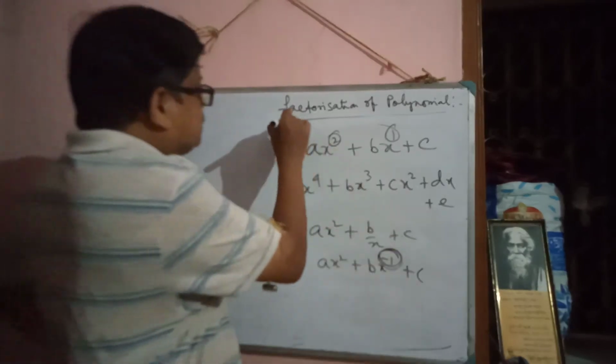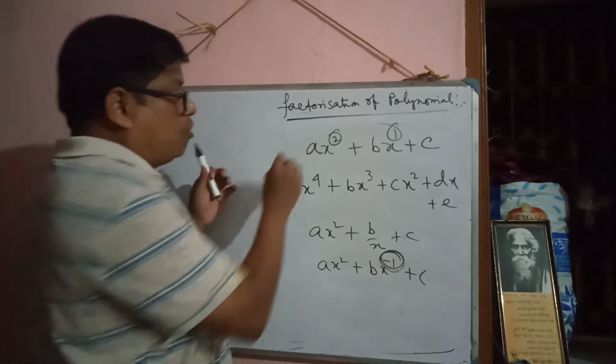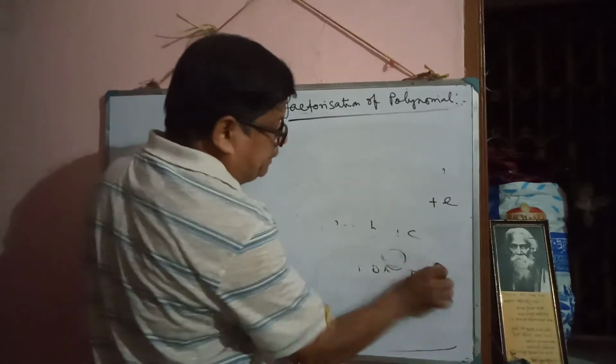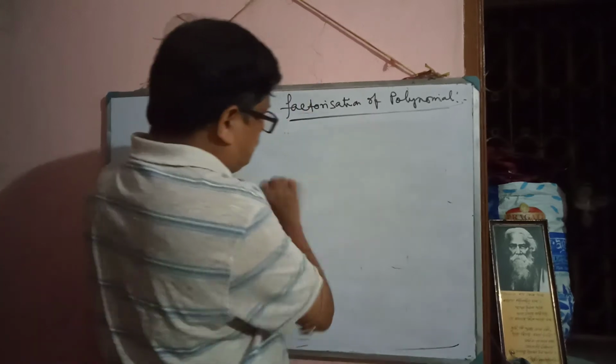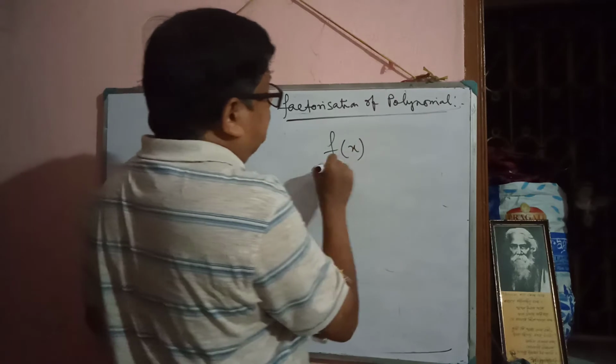So we are discussing factorization of polynomials. Now, factor theorem or remainder theorem. What is the factor theorem? What is the remainder theorem? Listen. Suppose one algebraic expression f of x is given.